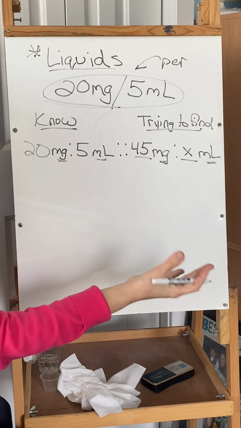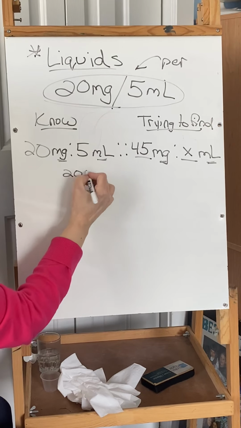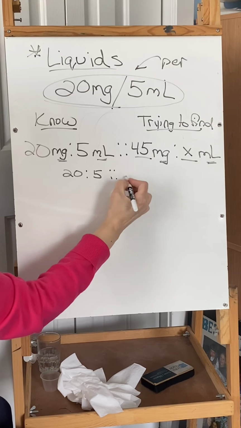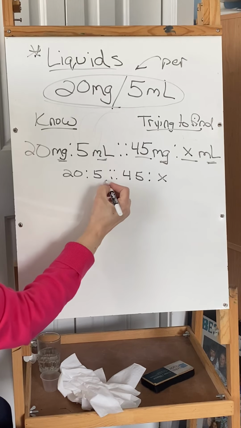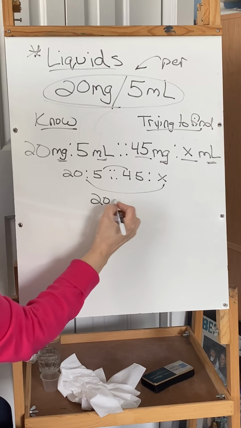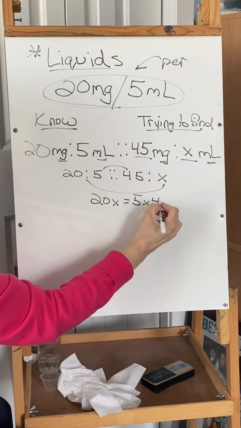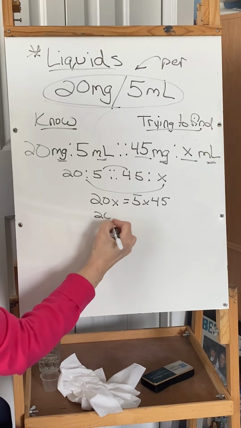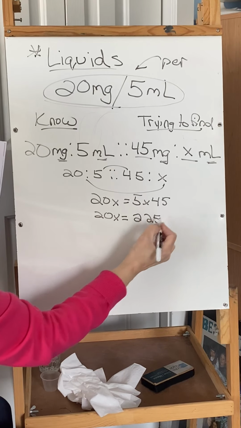Here's your proportion. You're going to solve it the same way you've done all of them. So get rid of your abbreviations. It makes it a lot less complicated. 20 is to 5, just as 45 is to X. Solve. I'm going to put the X on the left. 20X equals 5 times 45. 20X equals 225.